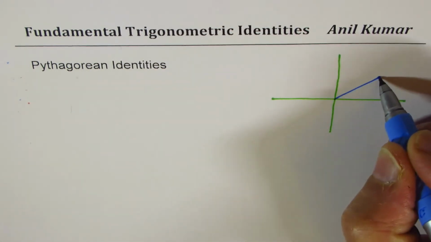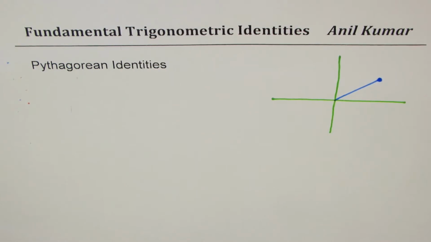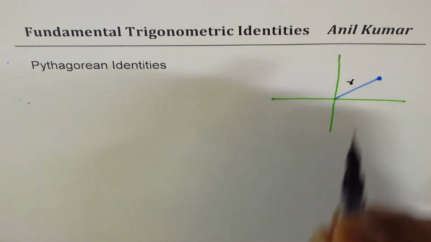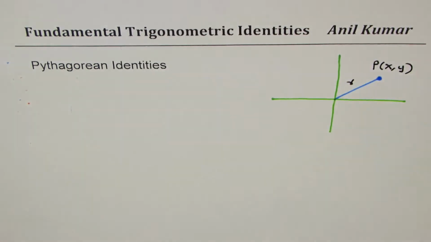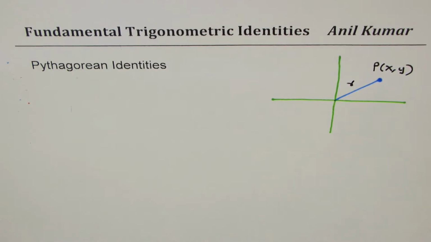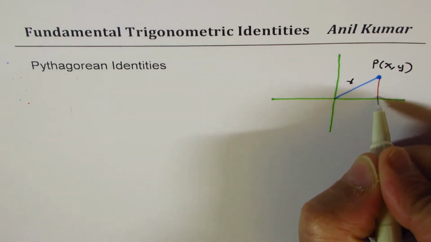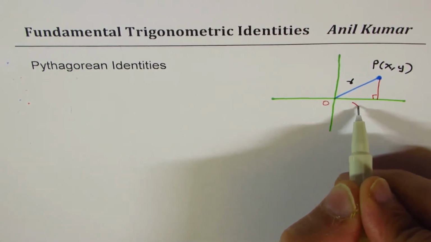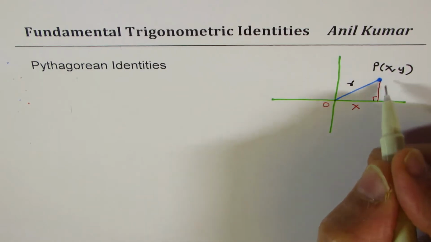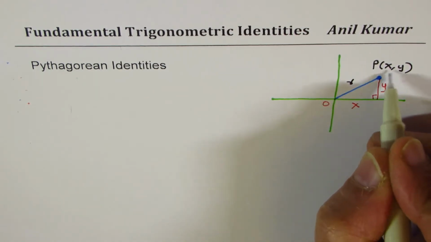So let's take a point P at a distance r, and let the coordinates of point be x and y. In that case, it really means that along the x-axis, the distance of point P is x. So if I draw a perpendicular, I get a right triangle. So this distance is x, horizontal distance, and the vertical distance is y.